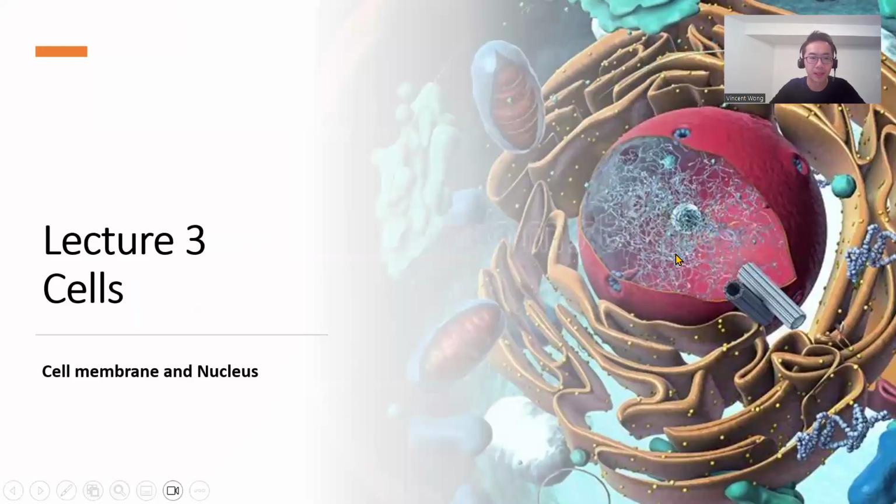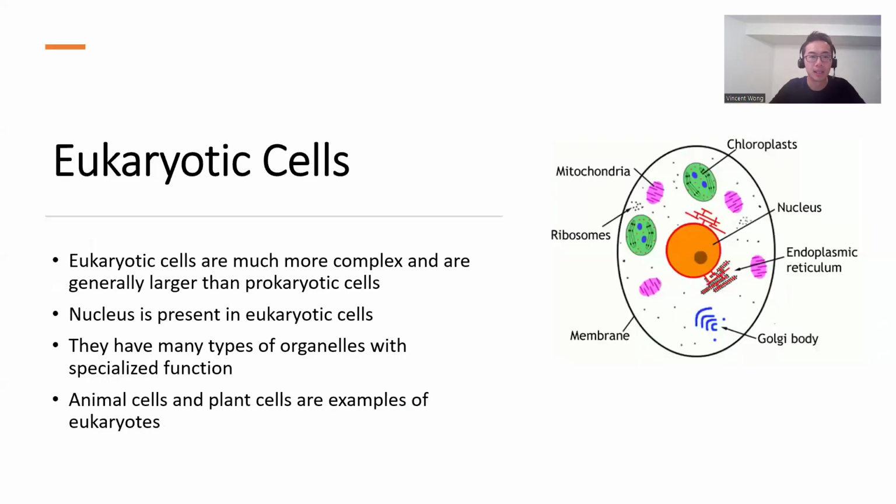All right, moving on. Let's take a closer look at the cell membrane and the nucleus. Okay, cell membrane and the nucleus. Now, very briefly, cells can be categorized into 2 groups.